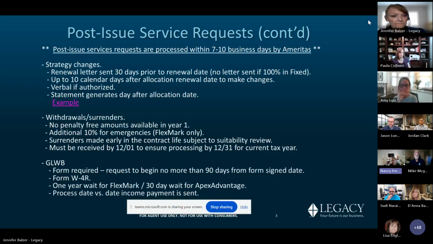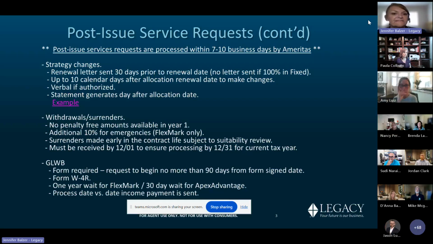Is there any flexibility on that? Well, that's really reviewed by Ameritas on a case-by-case basis. It really depends on the circumstances surrounding the particular case and what may have happened. But keep in mind, the renewal letter goes out 30 days prior, and with the 10 days after, you really have about a 40-day window to make changes.